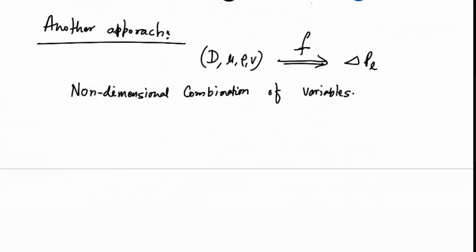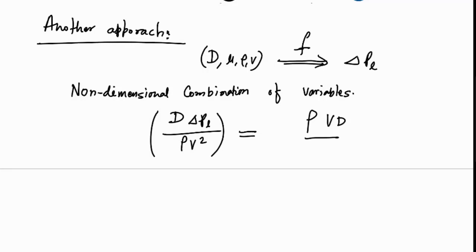So let us say from these 5 variables, I introduced a new variable, delta PL divided by rho V square. So this is a new variable. From where I got, don't worry about that. Let's say I have a new variable and this is made from the combination of the 5 variables. And I have another variable rho V d by mu, and function phi.